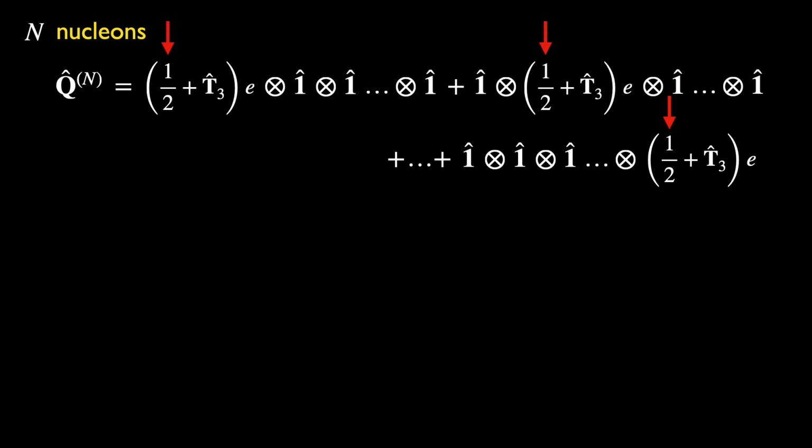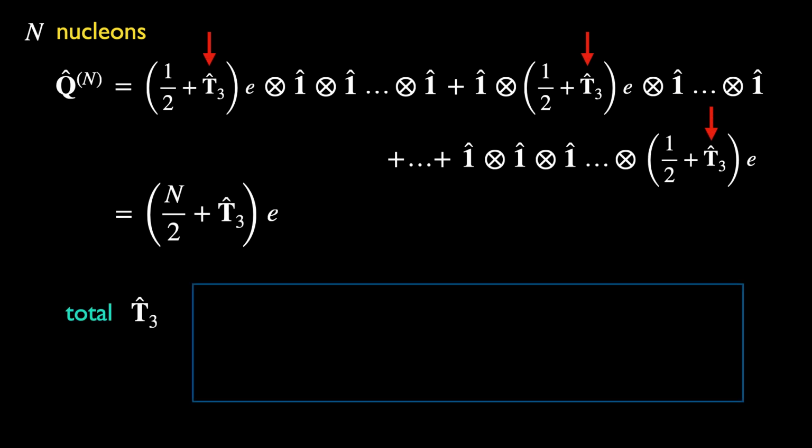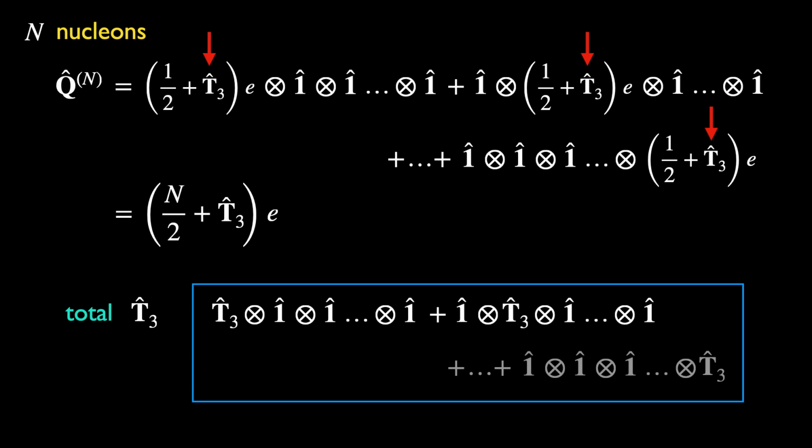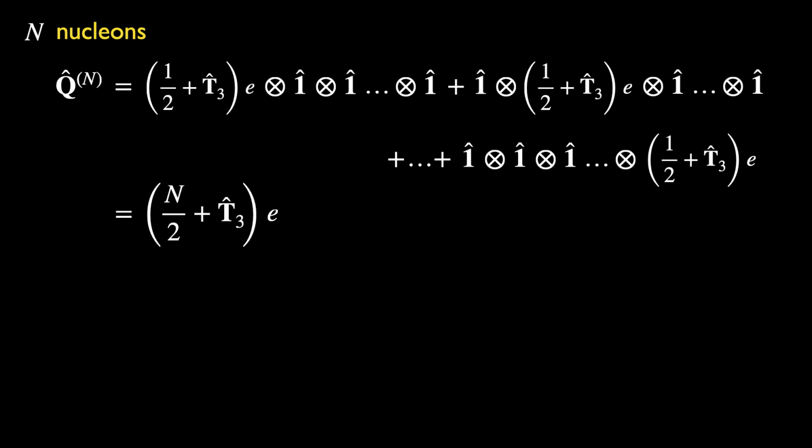Summing all the factors of half, we have n over 2. The sum of all the individual isospins gives the total isospin, for which we still use the notation T3 hat. This is how the total charge of an arbitrary number of nucleons relates to their total isospin.